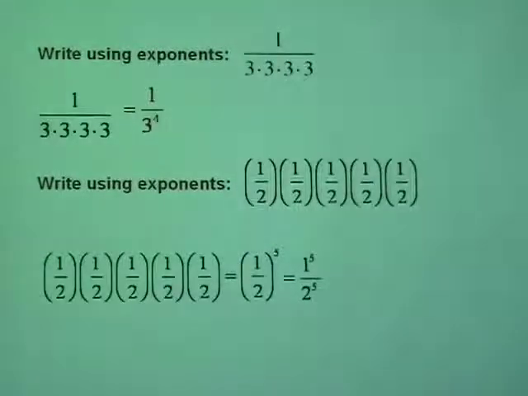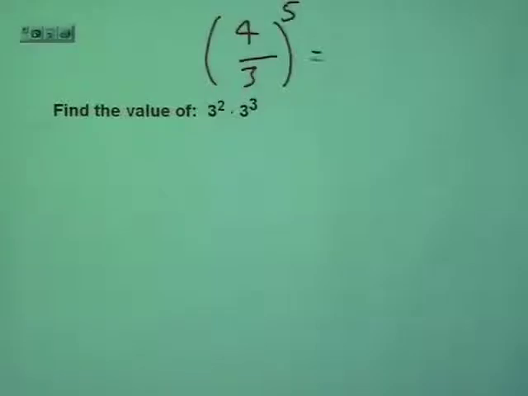For example, watch this now. If I have 4 divided by 3 all to the power of 5, that can be written as 4 to the power of 5 divided by 3 to the power of 5.